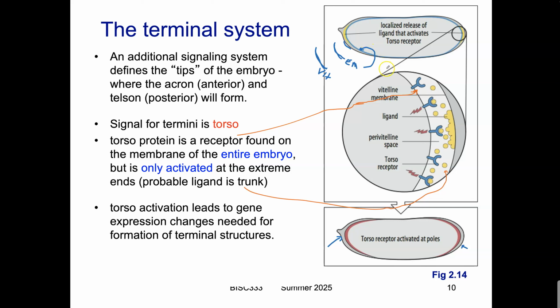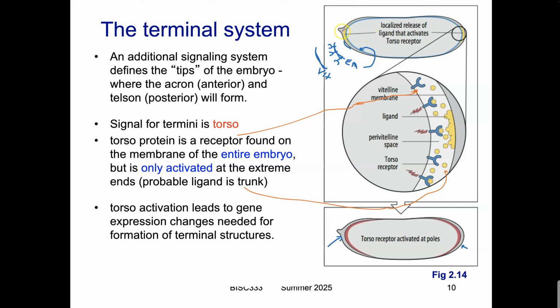And so what's interesting is you've got this receptor, called torso, and it's on the egg membrane everywhere. We just tend to have these kinds of schematics. It's not really what the thing looks like. It's just a schematic. And so it's all around.